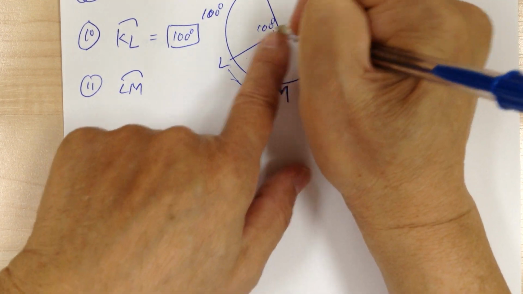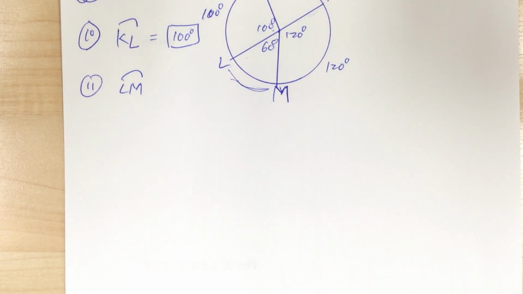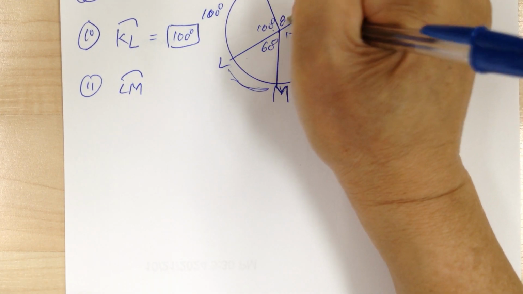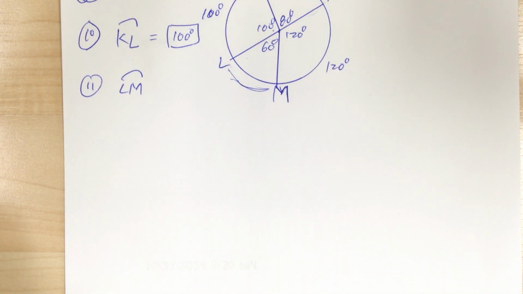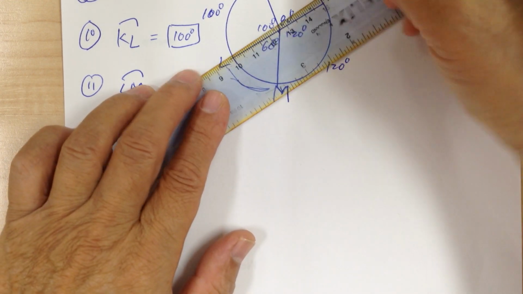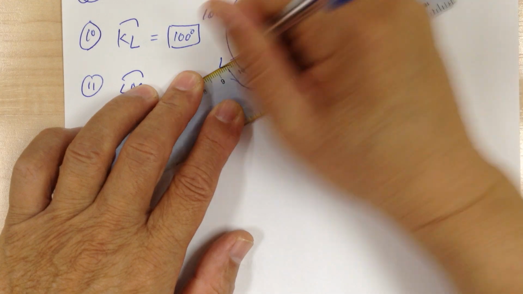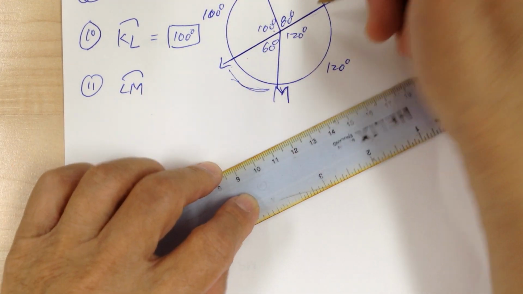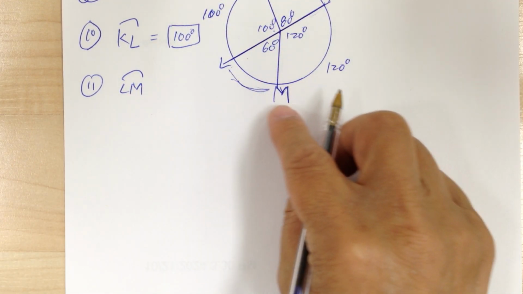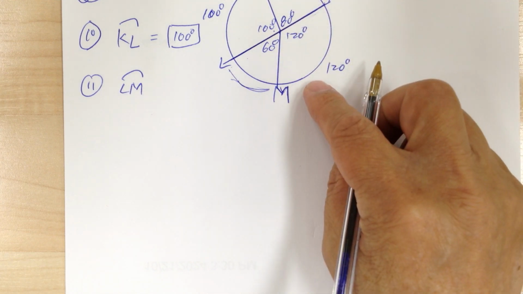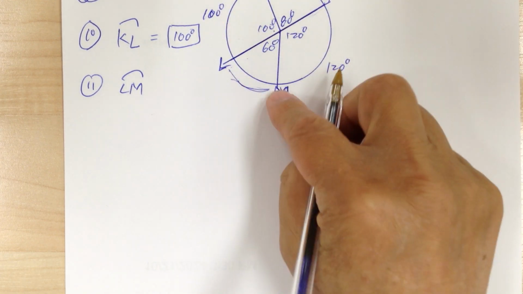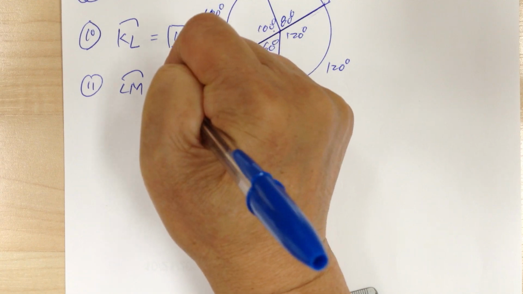Same thing over here, half of the circle is 180, so this would be equal to 80 degrees, because this is a diameter. So half a circle is 180. So anyway, LM is equal to 60 degrees.